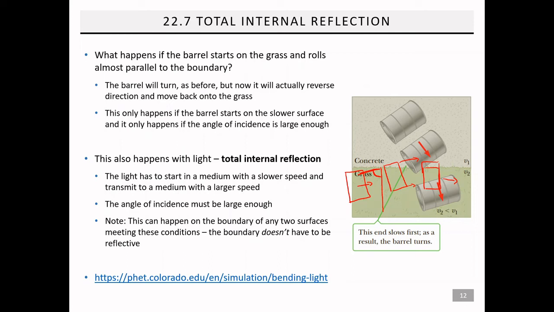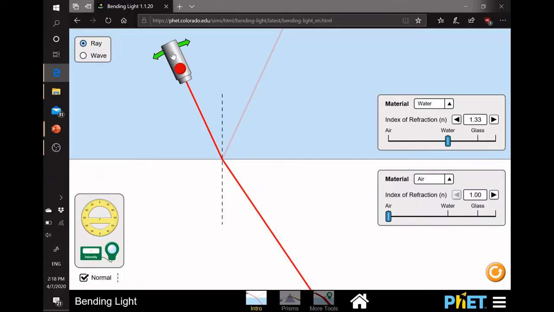And then I do want to note that this effect that you will see can happen on the boundary of any two surfaces that meet these conditions. The boundary doesn't have to be a reflective boundary. We can see this in the simulation. We start off with a laser beam inside of water, because water is relatively slow for the speed of light, and it has to pass into air, which is relatively fast.